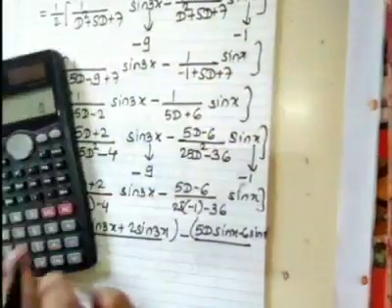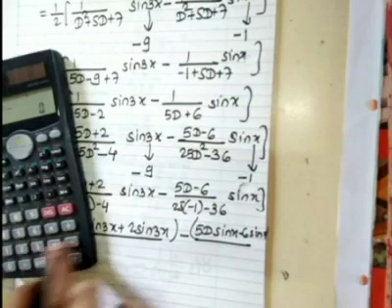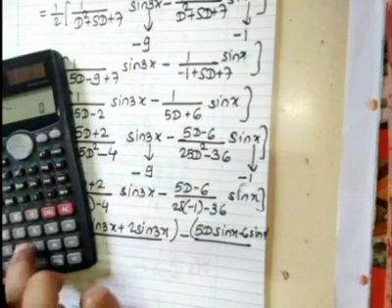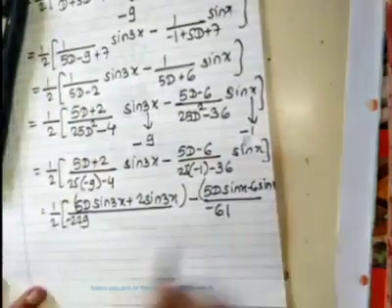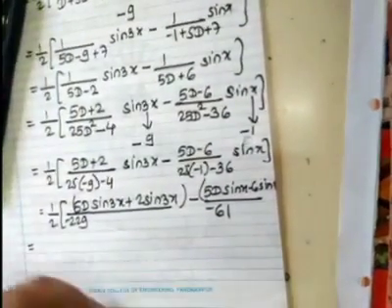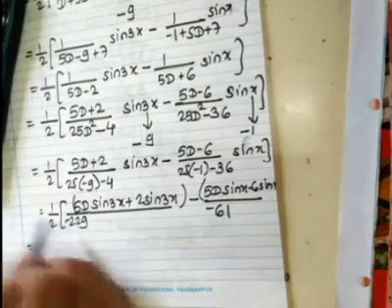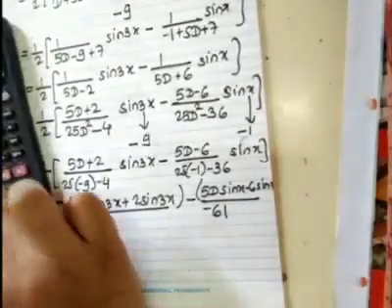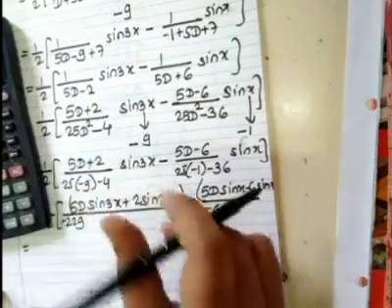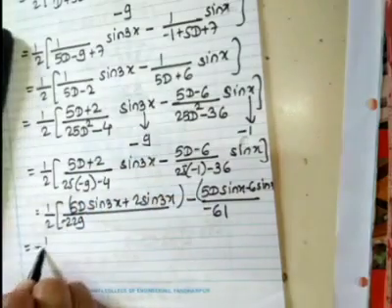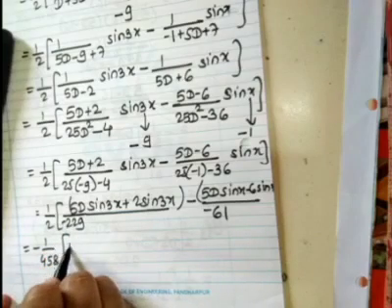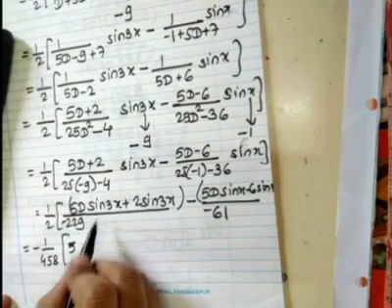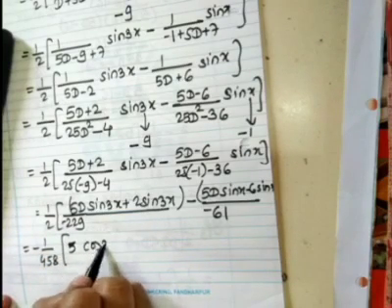Minus 25 minus 36, minus 61. Okay, that is equal to 2 into 229. How much is it? 2 into 229, 458. So it is minus 1 upon 458 into 5D, 5 into derivative of sin 3x, cos 3x into 3.